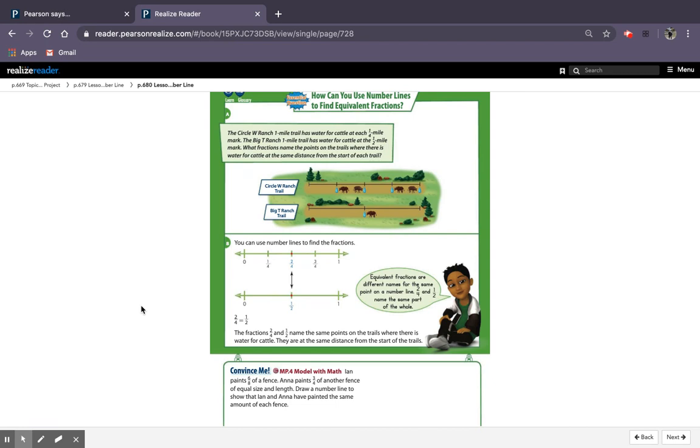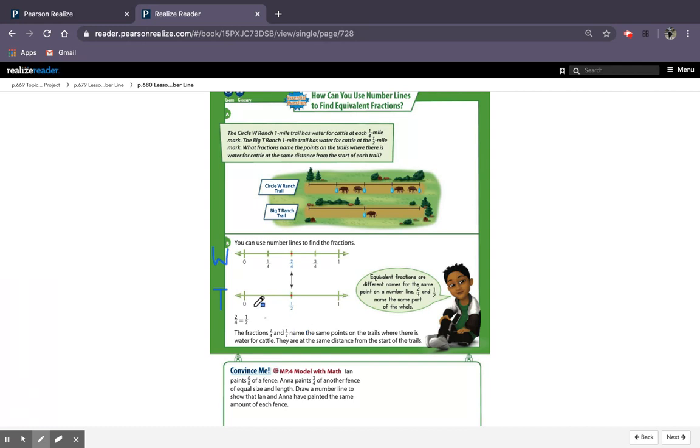They had this cute little picture of the cows and the water stations and everything else, but it doesn't matter. What we want to focus on are the number lines right here. They have this one representing the W Ranch Trail and this one representing the Big T Ranch Trail.